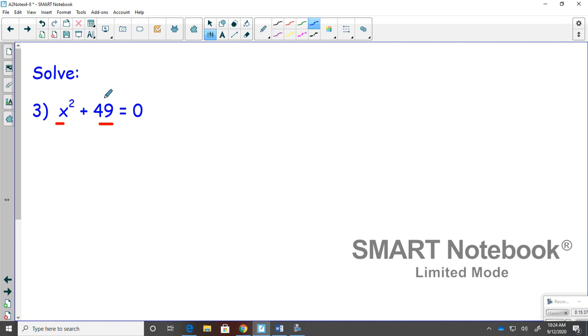The process that I'm getting ready to share with you only works when there is not an x to the first in your problem. You can just transpose. You can call this x to the second is equal to, drop your 0 if you want to, 0 minus 49, but I'm just going to leave the 0 out and just move the 49 over and call it negative 49.